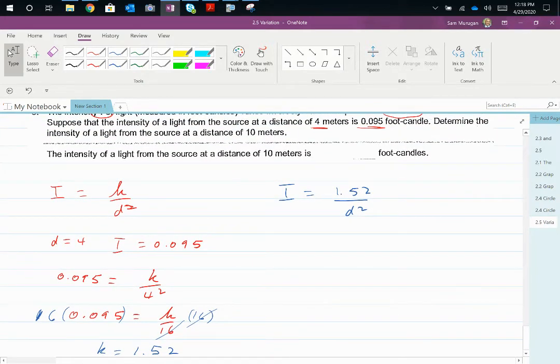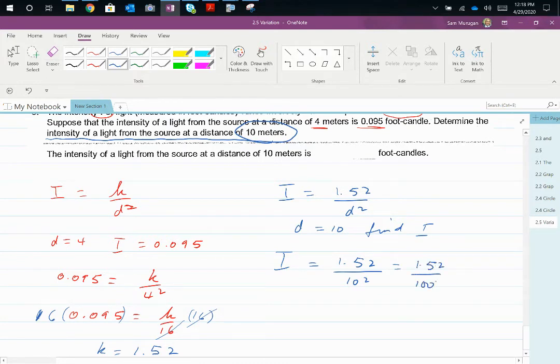Now the question is asking us to determine the light intensity from a distance of 10 meters. So when d is equal to 10, find I. I is equal to 1.52 over 10 squared, 1.52 over 100.